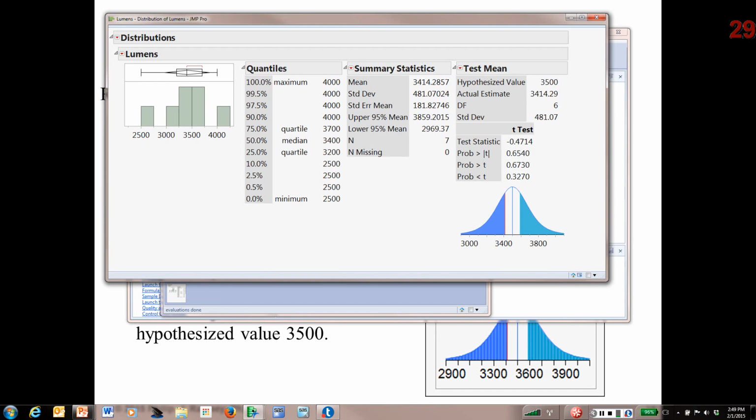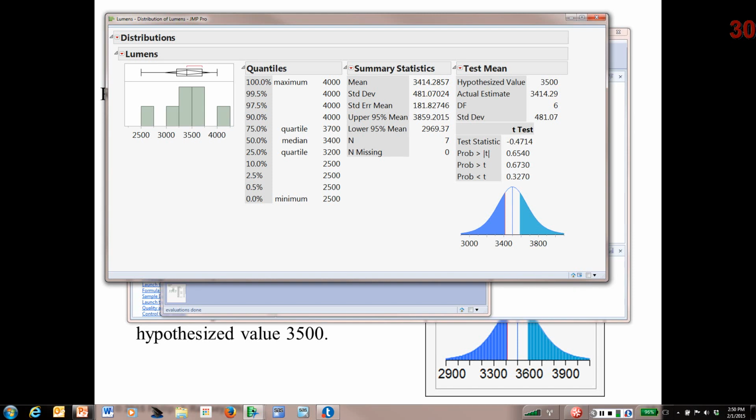So what we've discovered is that the actual sample average is 3,414.3. And notice there's a vertical line drawn on the curve at that value, 3,414. Well, this is a two-sided test.